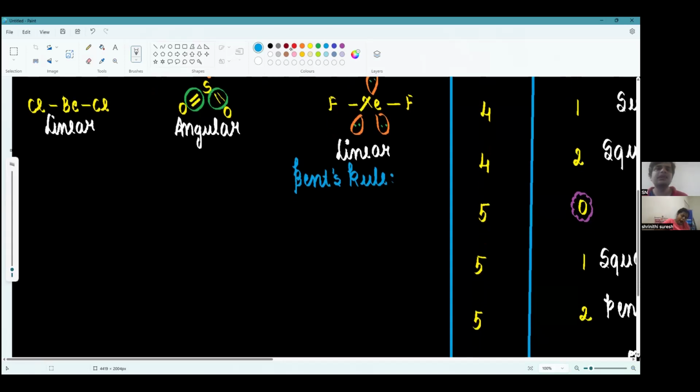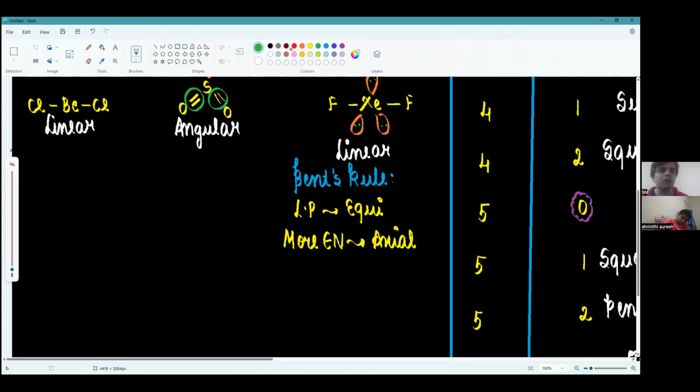Bent's rule says that lone pairs of electrons should be on equatorial position, whereas the more electronegative atom should be at axial position. And why is this to be done?